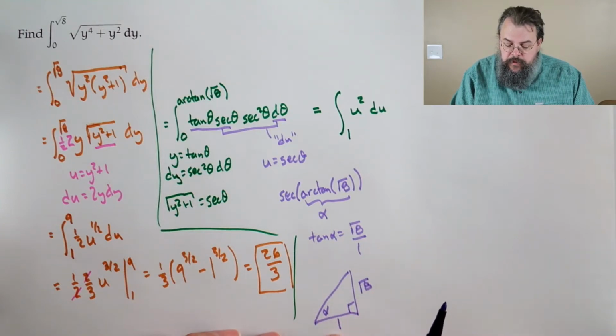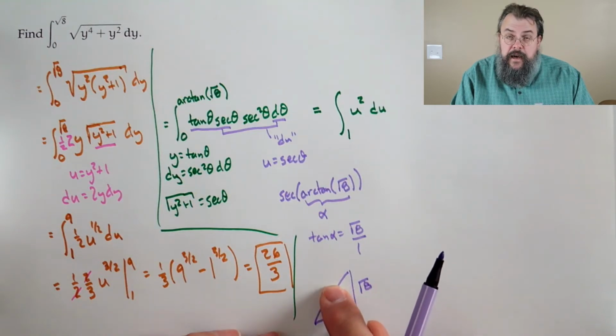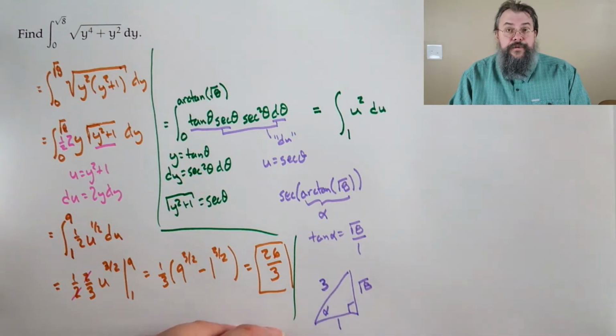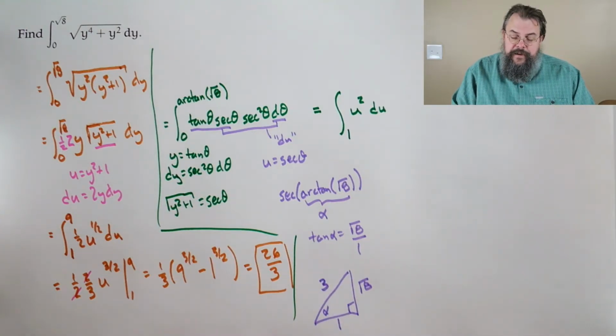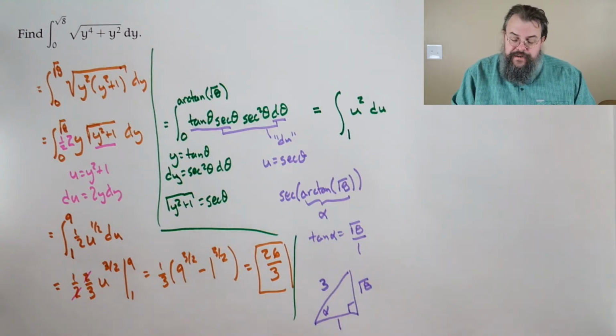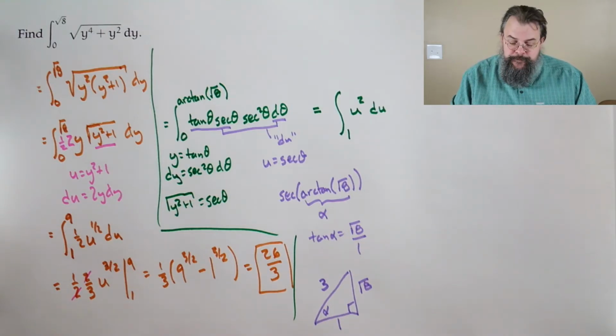Pythagorean theorem: 1 squared is 1, square root of 8 squared is 8. That makes 9, so the square root of that gives this side as 3. Okay, and now, what is secant of alpha? Secant is hypotenuse over adjacent, meaning it's going to be 3.